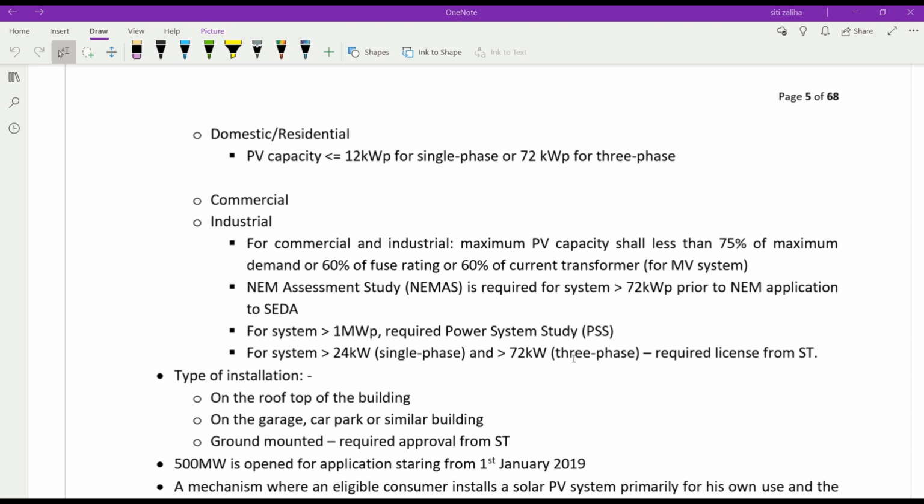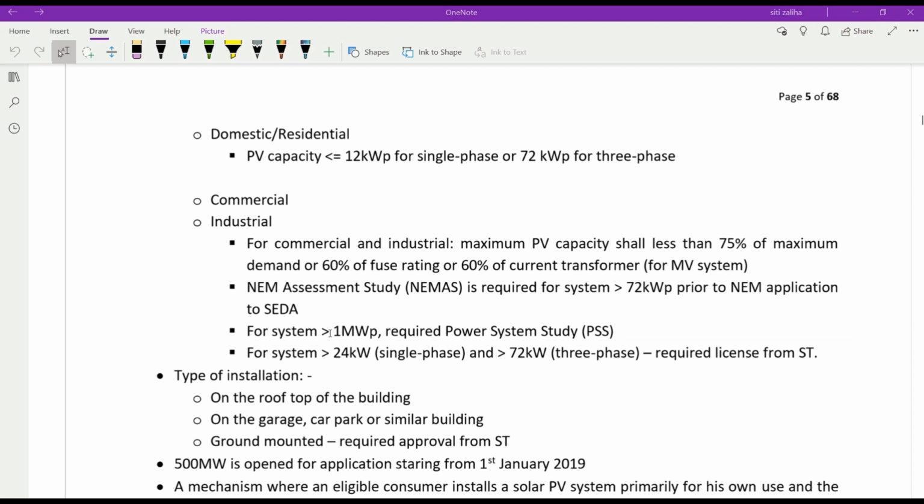NEM assessment study, NEMAS, is required for systems above 72 kilowatt peak prior to NEM application to SEDA. If the system is less than 72 kilowatt peak, there is no need to do the NEMAS study.